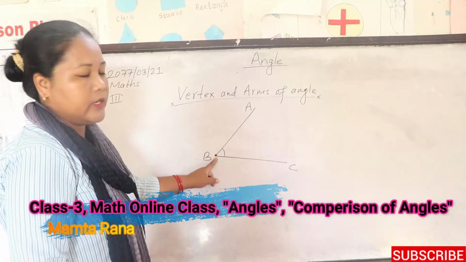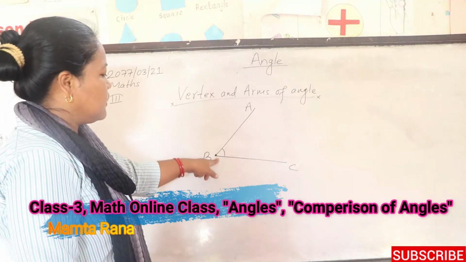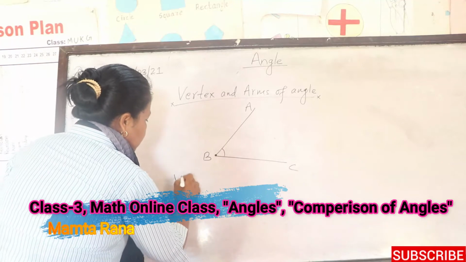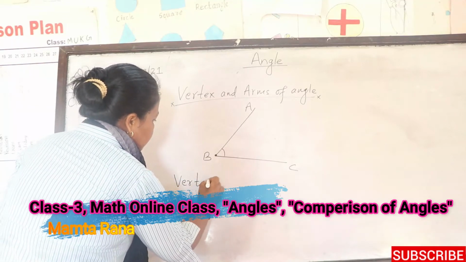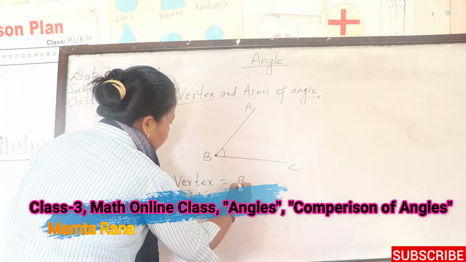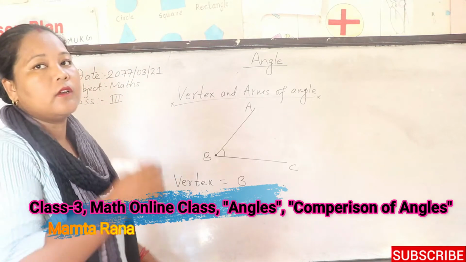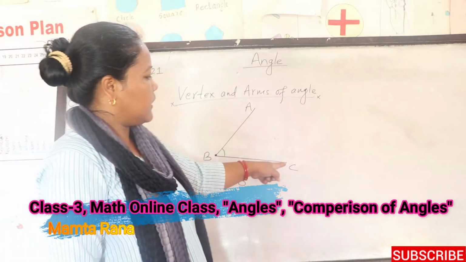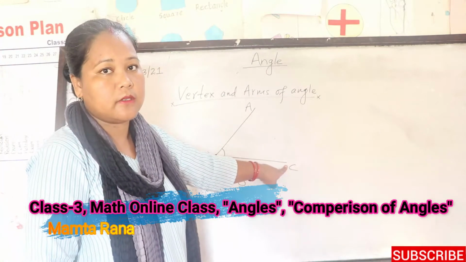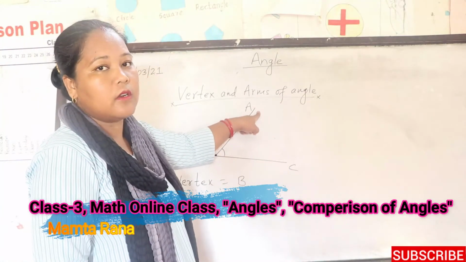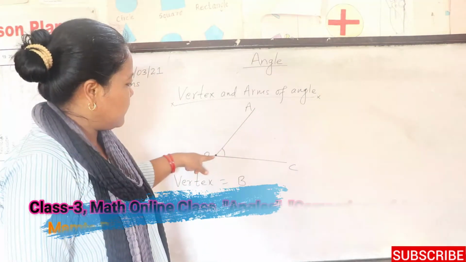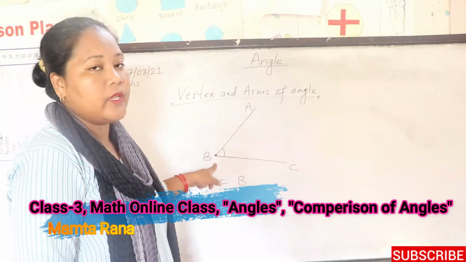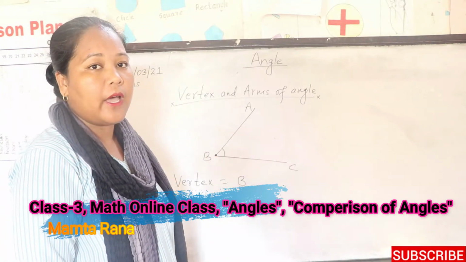Here at point B the angle is formed, so the vertex of the angle is B. Vertex means the point at which the angle is formed. Here the angle is not made. Here also the angle is not made. At point B the angle is formed, so point B is called the vertex of the angle.